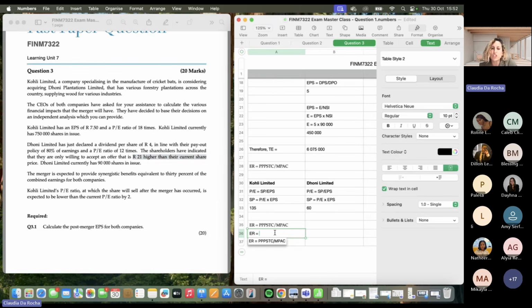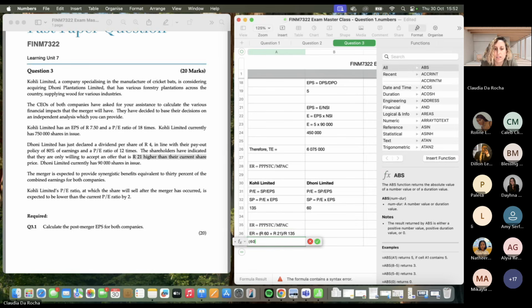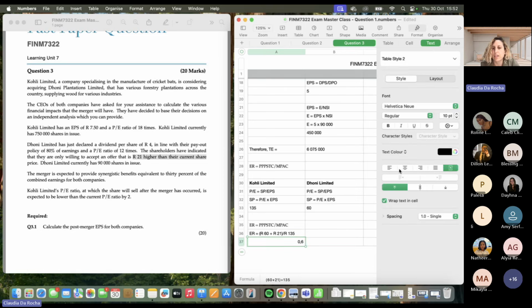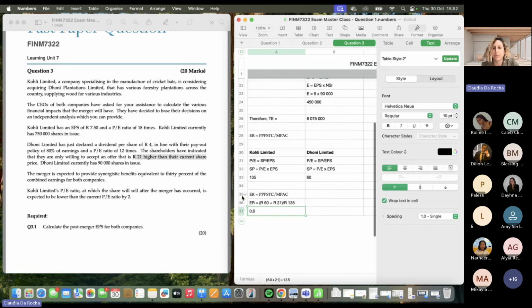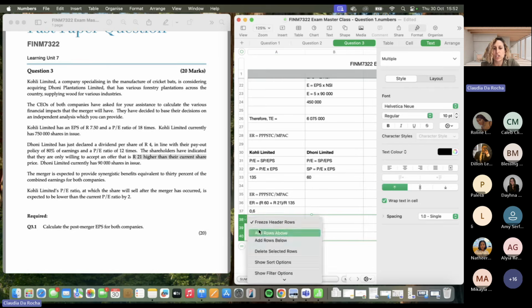So for me to get the price that is paid, it is the current share price of Donny, which is the 60, plus the 21, all divided by the market price of the acquiring company, which is in essence your share price. If you calculate, ER is 0.6. Now we can complete the calculation.